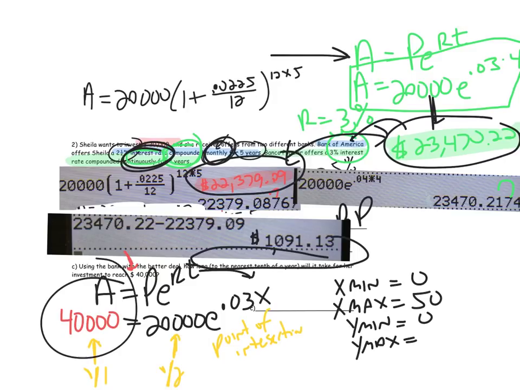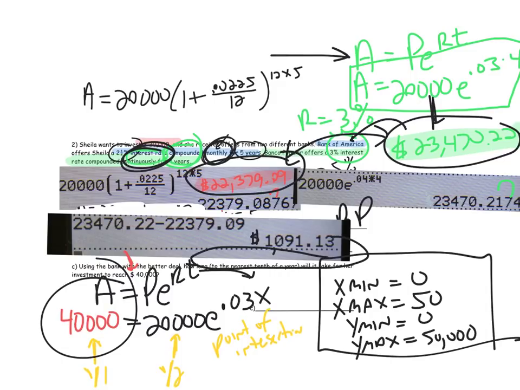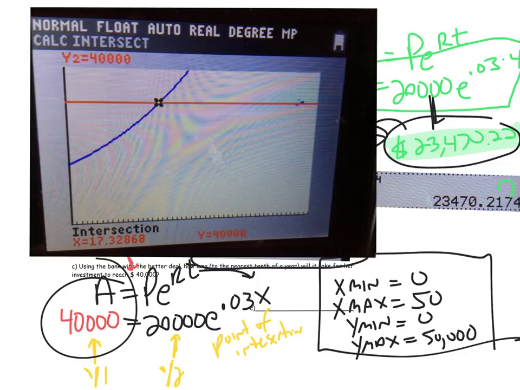And here the biggest number I see is 40,000, so maybe I'll go up to 50,000 for my Y max. So I'm going to set up this viewing window and try to find the point of intersection for the left and the right-hand side of the equation. So here it looks like, to the nearest tenth of a year, it's going to take 17.3 years for this investment to increase to $40,000.